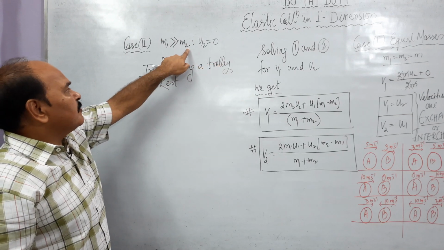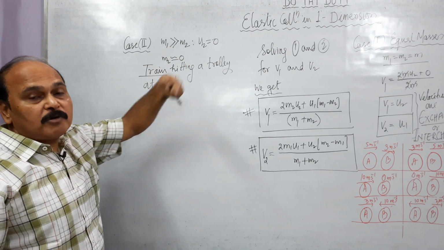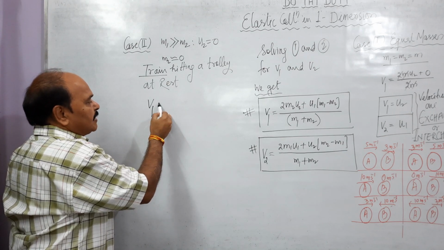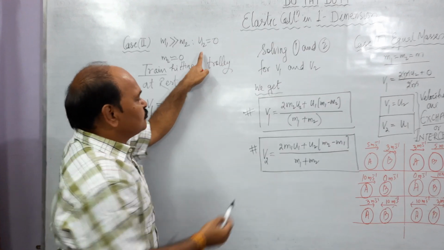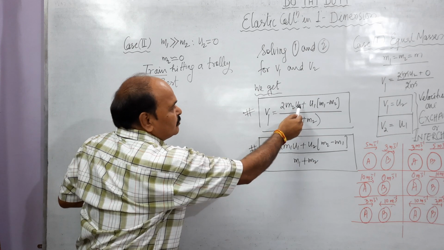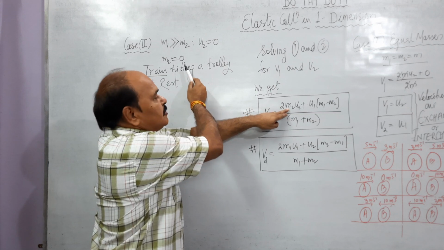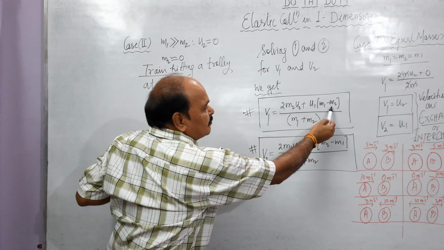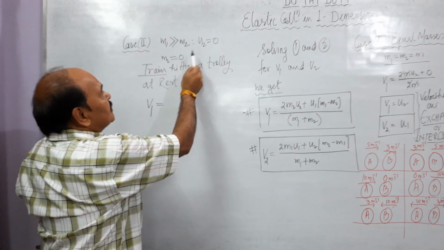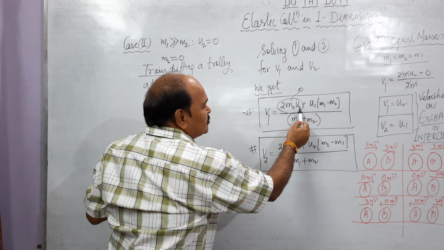Since m2 is much smaller than m1, this m2 can be ignored as compared to m1. So what do we get v1 as? If we write u2 as 0, this whole term becomes 0, because u2 is 0.